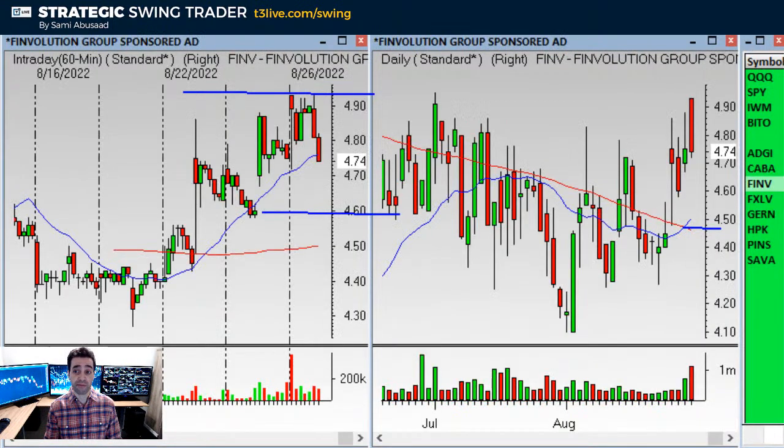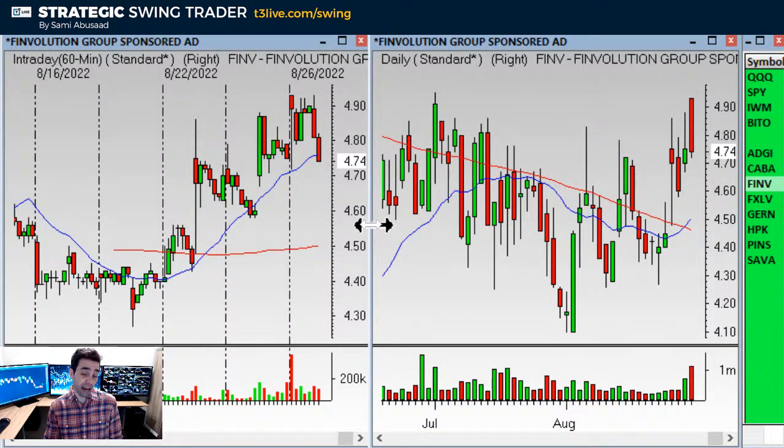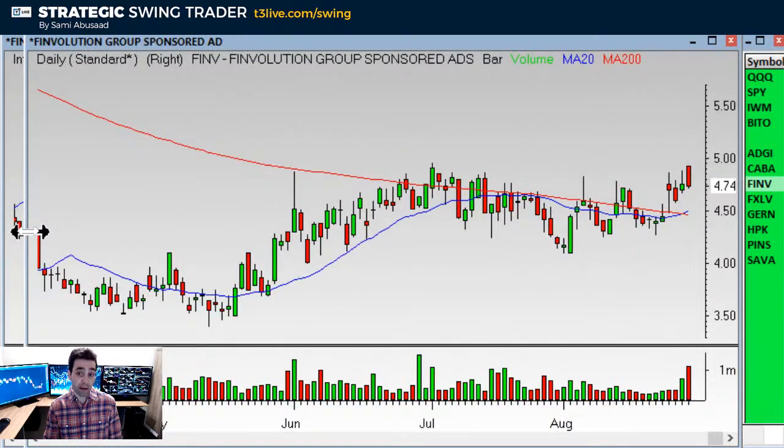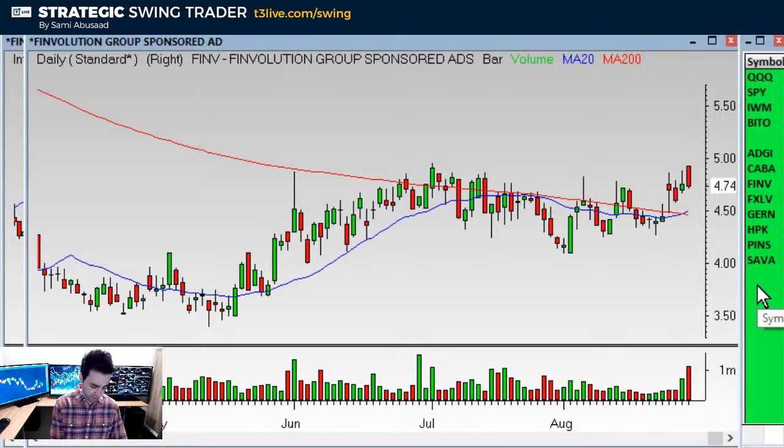The FINV is a China stock. I'm bullish on the China stocks. I have a couple, but the problem with the China stocks is the entire market is now turning bearish. That's the problem with the China stocks. But I have BEKE. Let me get rid of the Bitcoin chart so I can see where my, it disappeared. My level 2 window.